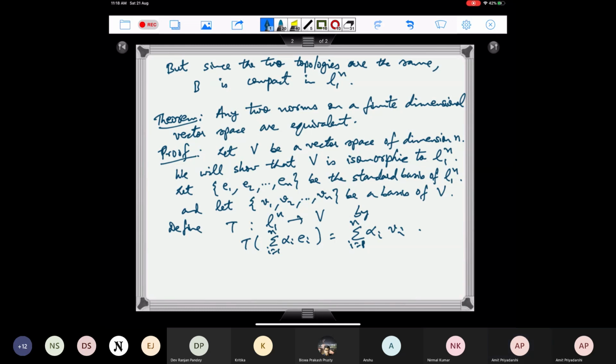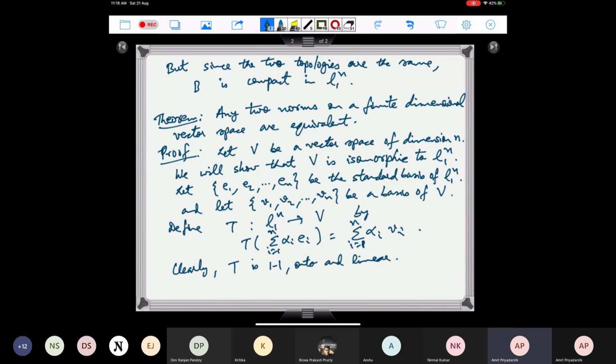So we get a linear transformation, and this is of course one-one and onto, and it's a linear transformation. So clearly T is one-one, onto and linear.